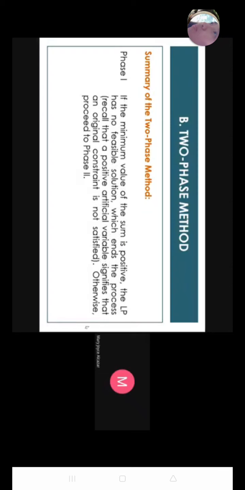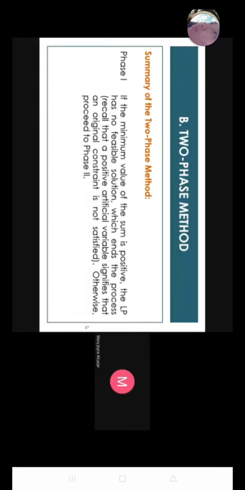If the minimum value of the sum is positive, meaning the values of R1 and R2 are positive, or if we cannot dispose of the artificial variables, if we cannot have them as leaving variables, the LP has no feasible solution, which ends the process.